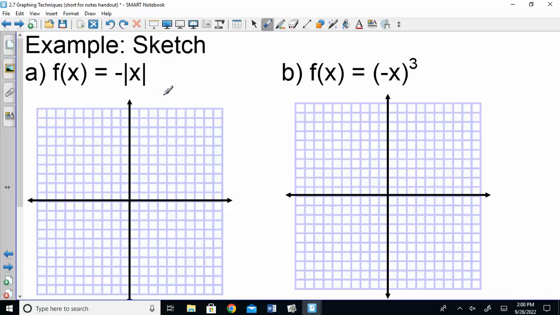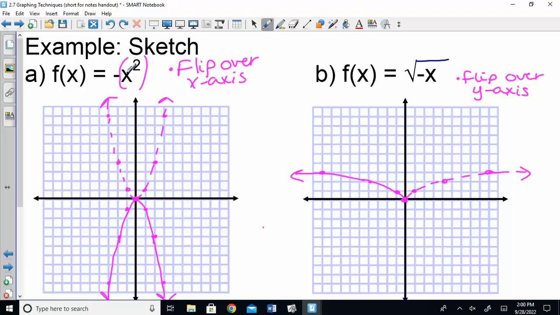Yeah. So why was A flipping over the x-axis and minus flipping over the y? Okay. So outside, it's like taking your y value. So this one's outside the square. So if you think about your points, outside changes y.